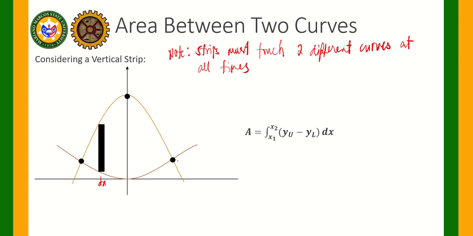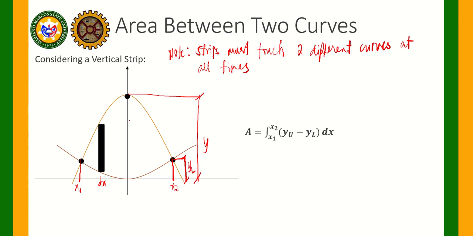Yung x points, so for this one, this is x sub 2 and this is x sub 1. So how do we know kung ano yung function na gagamitin natin dito? Of course, y upper minus y lower. So this is our y upper, and ang y lower natin is this one. This is our y lower.